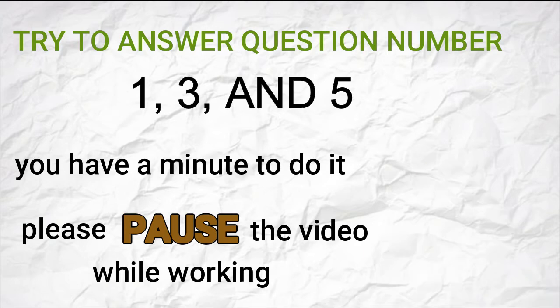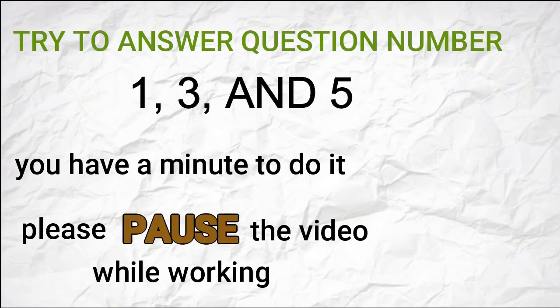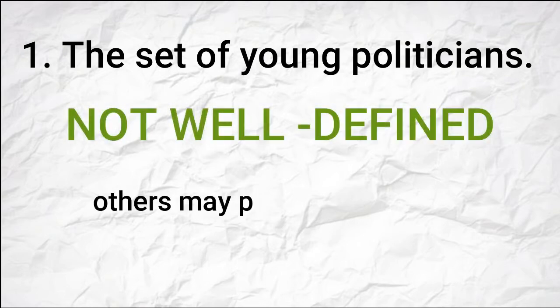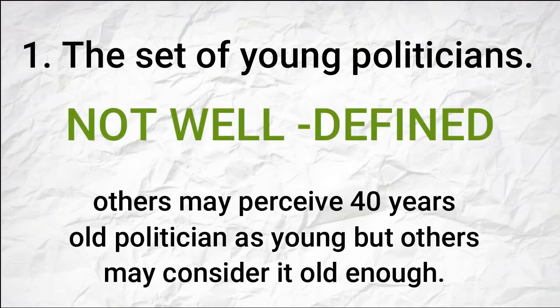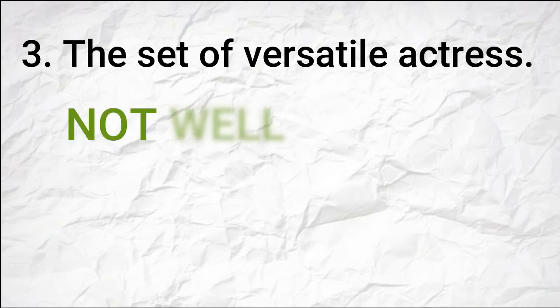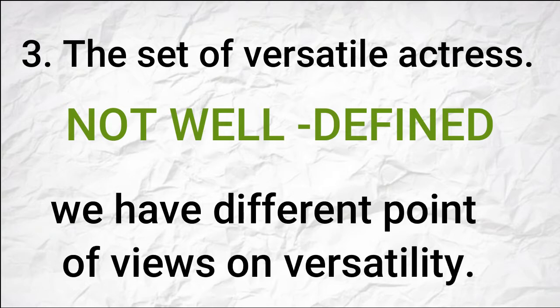Are you done? Now, let us check if we got it correctly. Number 1, the set of young politicians. It is not well defined because others may perceive a 40-year-old politician as young, but others may consider it old enough. Number 3, the set of versatile actresses. It is not well defined because we have different points of view on versatility.